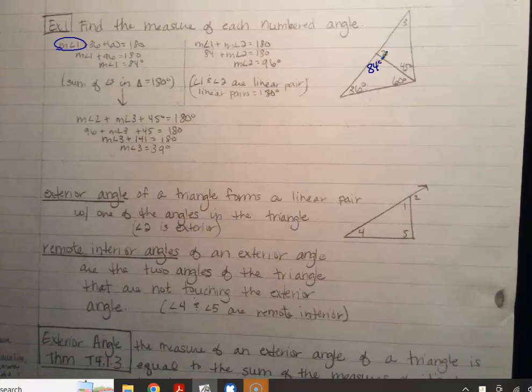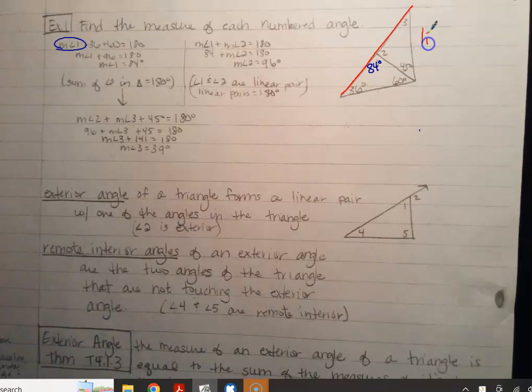How do I find the other angles? There's a lot of ways you can look at this. I immediately went to, hey, I like straight lines. This is a straight line. So this angle 1 and angle 2, they're a linear pair. They're side by side. They make up a line.